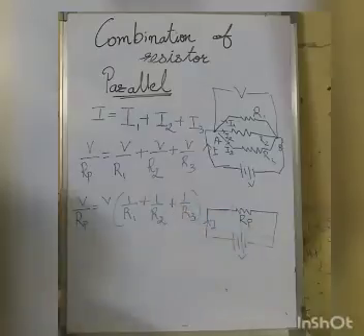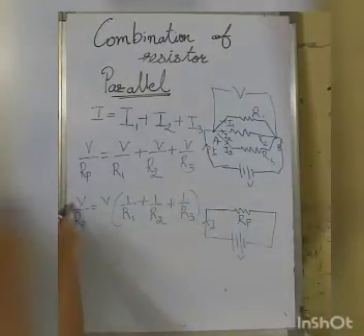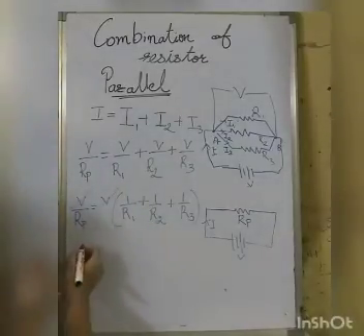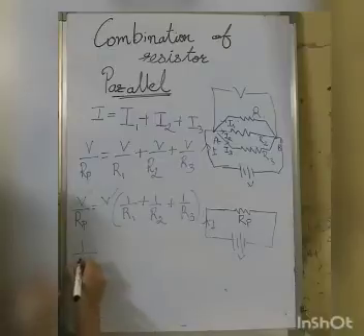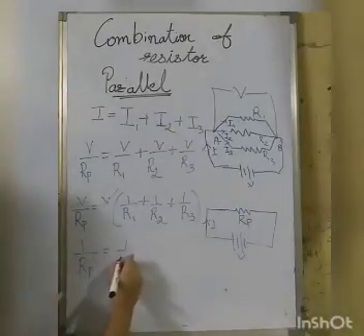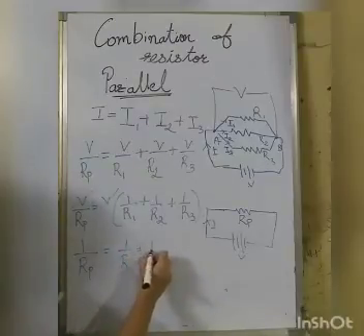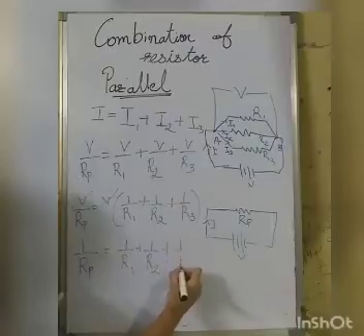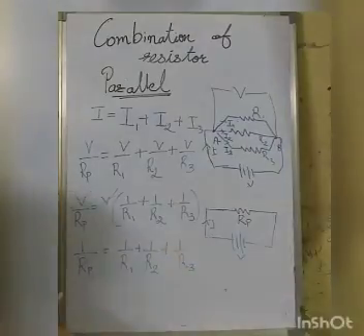On the left hand side and right hand side you have V. So we can cancel it out. So you are left with what? 1 upon Rp equals 1 upon R1 plus 1 upon R2 plus 1 upon R3.